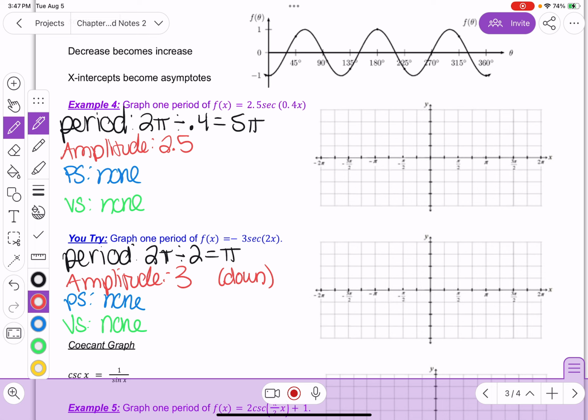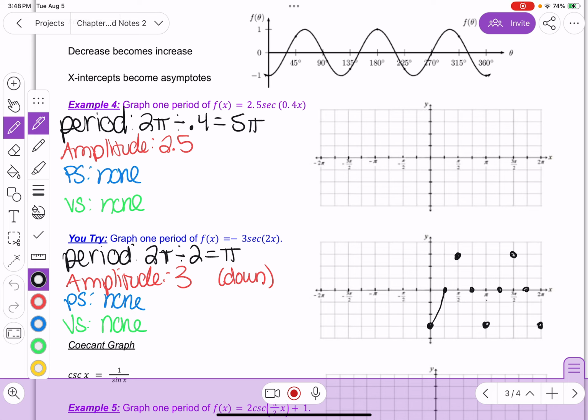If we were to draw them, we would start with the cosine graph. So this one's pi, so I'm just going to use the things that are here. So we'd start at 3, but we're going down. Min to min. Max is in the middle. Midline's halfway. Min to min. Max is in the middle.